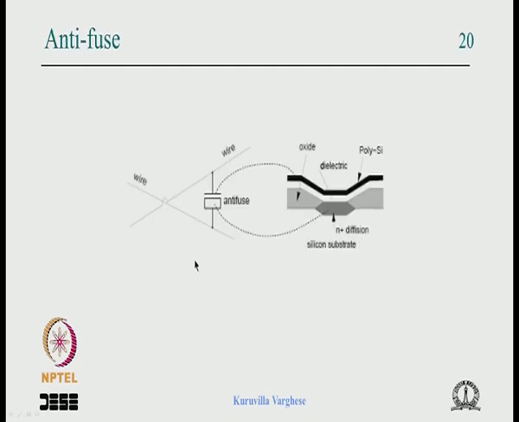And the third one is called anti-fuse, and you know that in a chip design you have layers which implement the transistors, and you have layers with interconnecting wires.